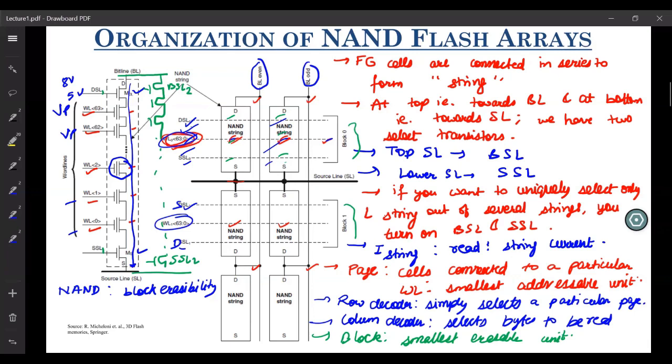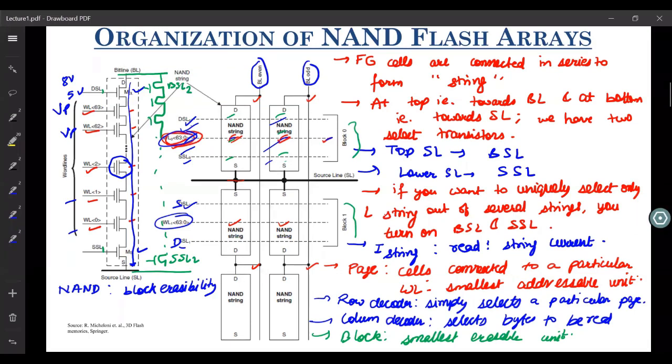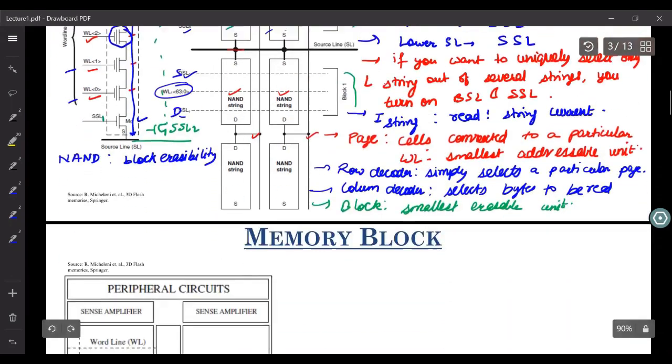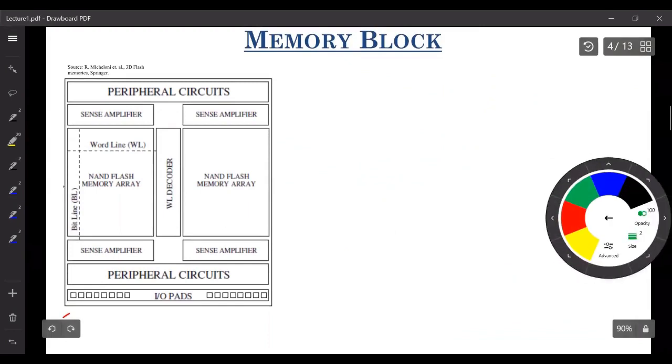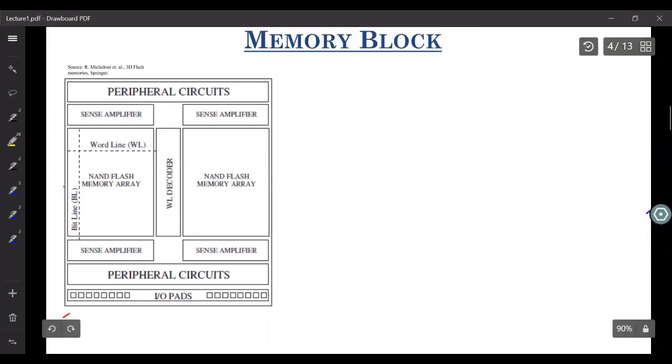Okay. So now with this understanding of how the cells are organized in the form of strings, and how these strings are organized and addressed in the form of pages or blocks, let us now look at how these NAND flash arrays are organized in the chip at the chip level. This figure on your left tells you how your memory block is organized in your chip.